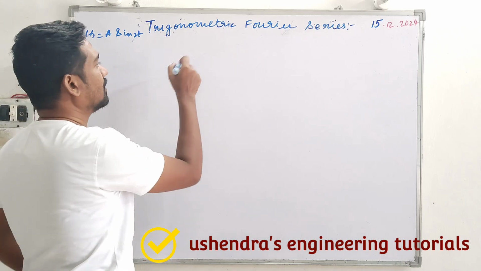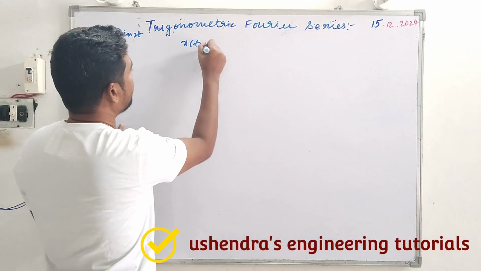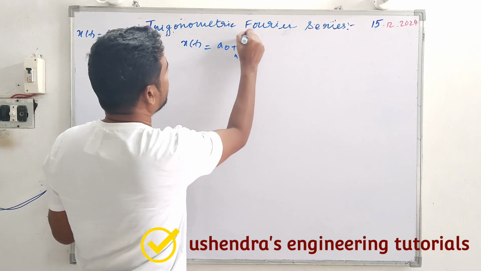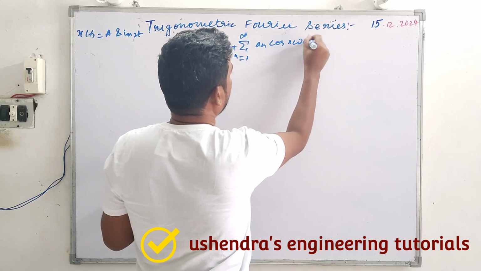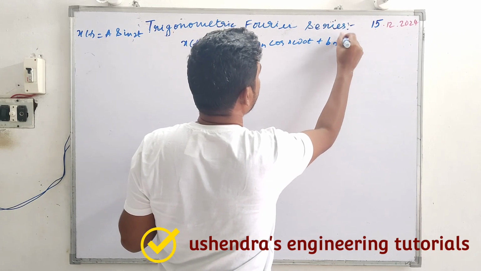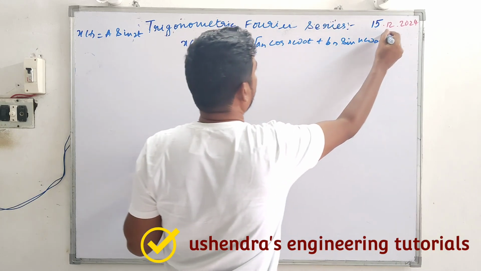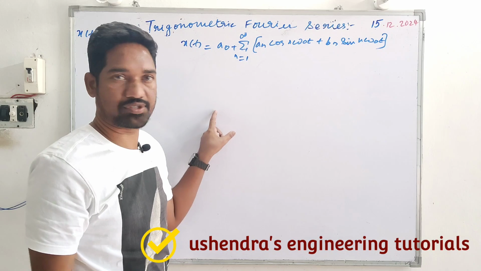The general expression for the trigonometric Fourier series representation is x of t equal to a naught plus the summation n equal to 1 to infinity of a n cos n omega naught t plus b n sine n omega naught t, and inside the bracket we have to expand a n and b n as part of the summation.